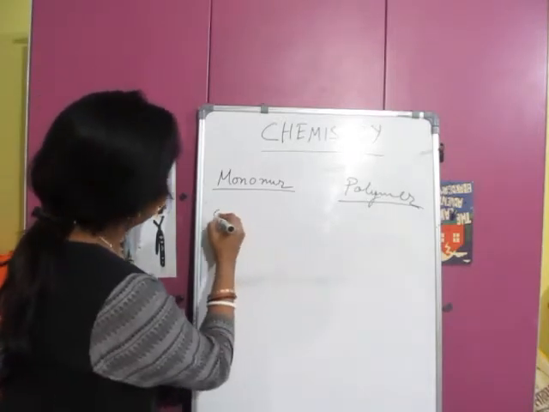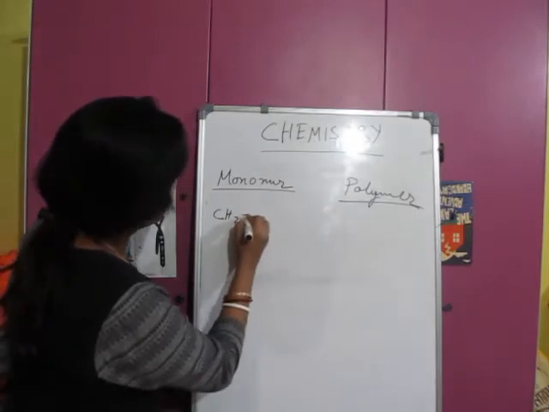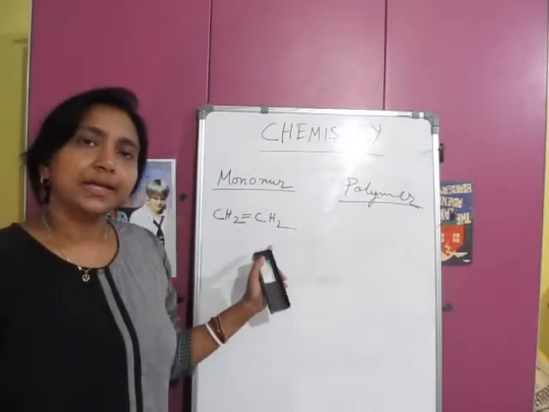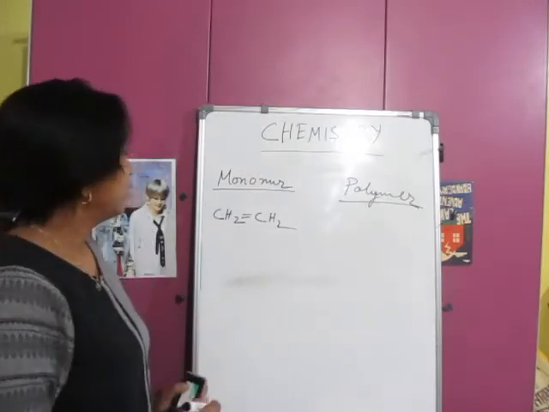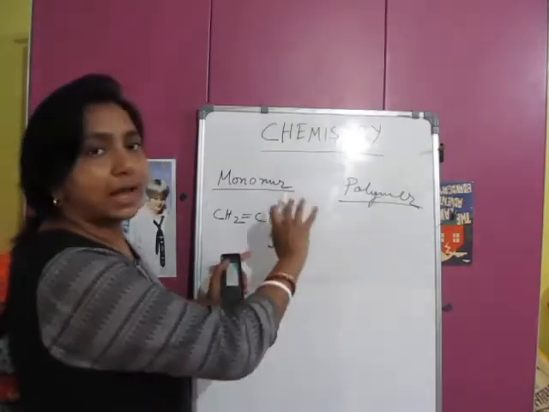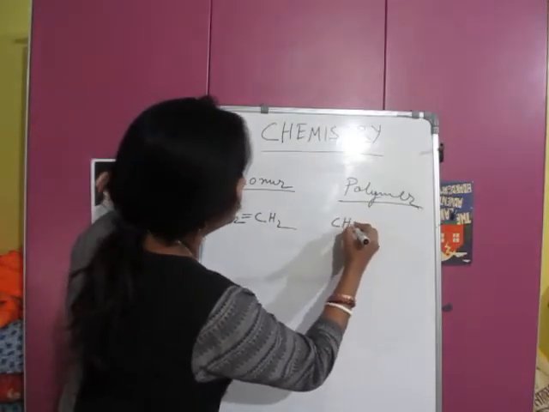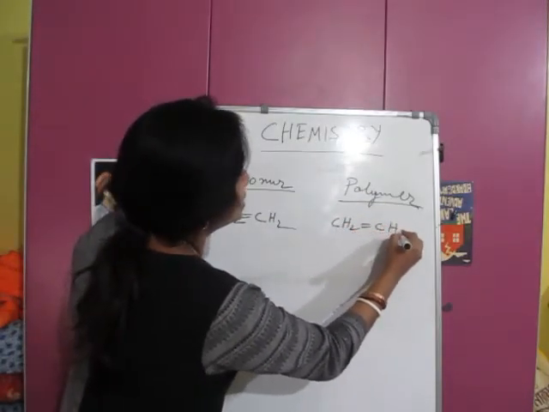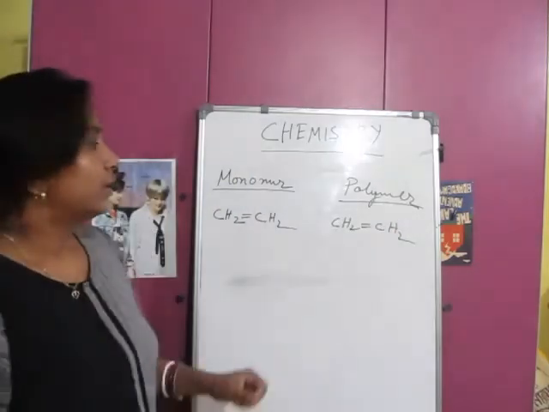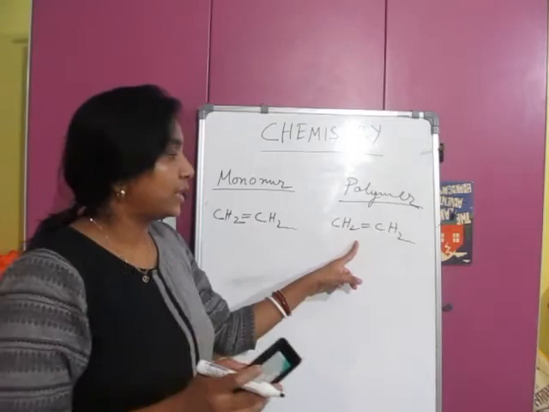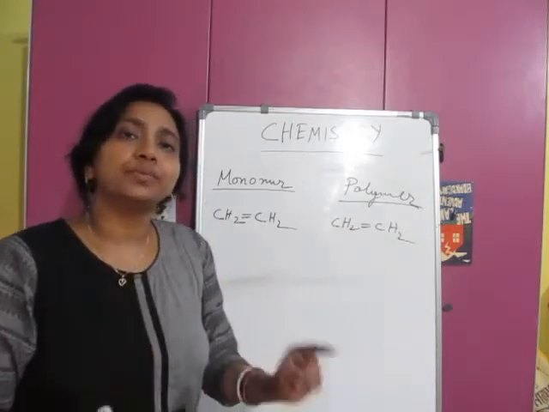So polyethylene, first we take the monomer. You know very well, that is ethylene. Now how do we get the repeating structure? CH2 double bond CH2. To make the repeating unit, I told you the first step is to remove the double bond.